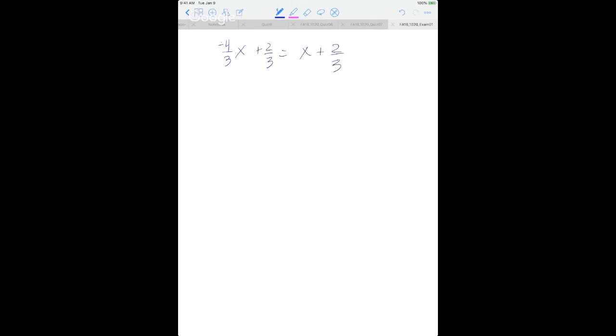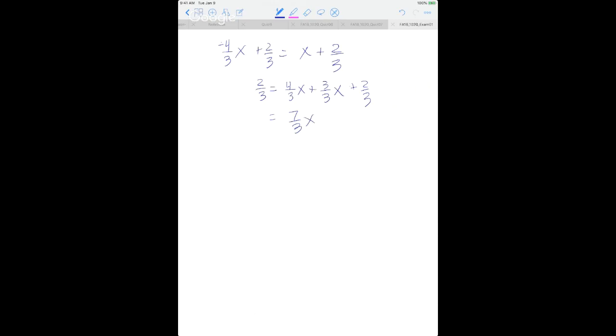All right. Maybe I'll add the 4/3 over. Might as well, right? Okay, so 2/3 is the same thing as 4/3 x plus 3/3 x plus 2/3. That's the same thing as 7/3 x.